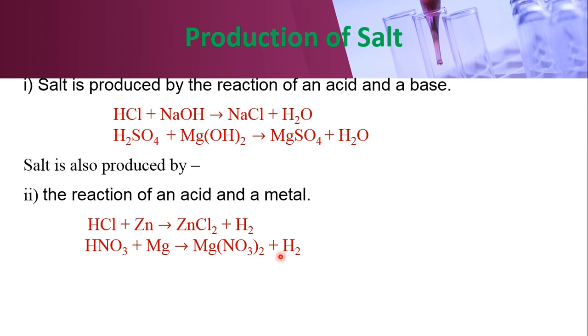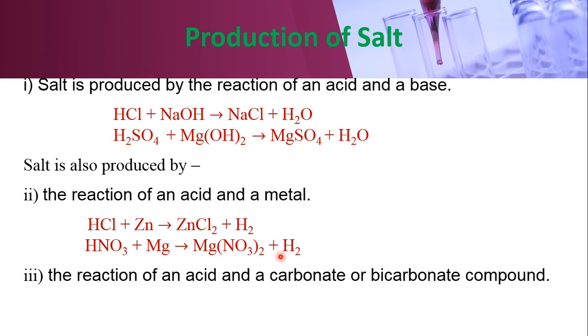There is also another way by which salt can be produced. That is the reaction of an acid and a carbonate or bicarbonate compound. When any carbonate compound reacts with acid, then they produce salt, water and carbon dioxide gas. You learnt this.